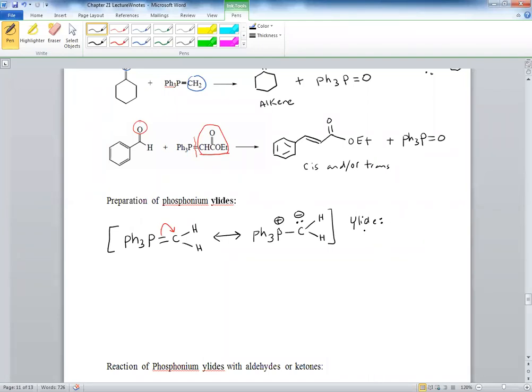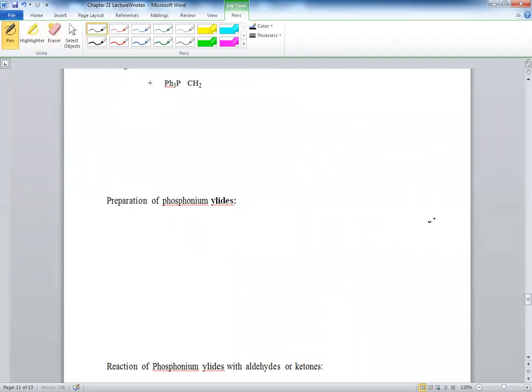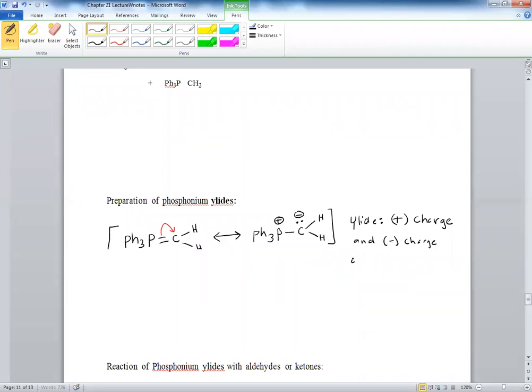So an ylide is where you have the plus and negative charge on adjacent atoms.